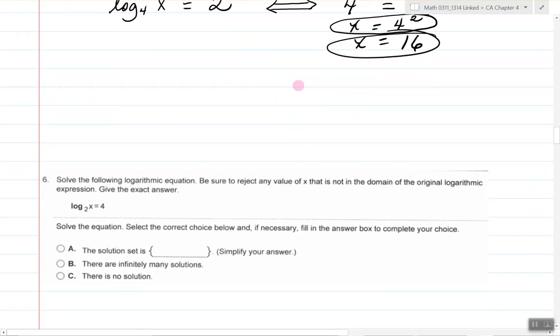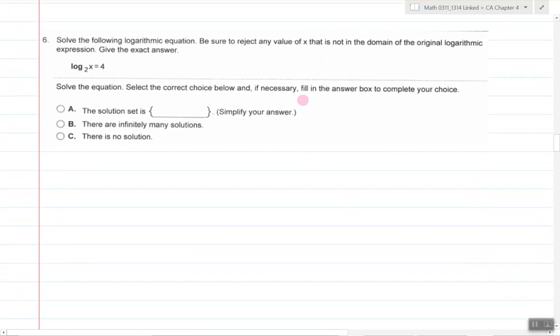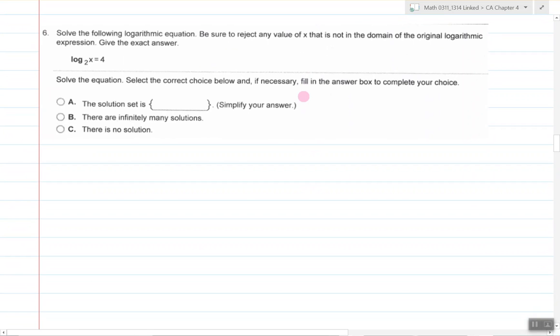All right, let's look at number 6. I have log base 2 of x is equal to 4. When I rewrite this in exponential form, the base is 2, the exponent is 4, and it is equal to x.